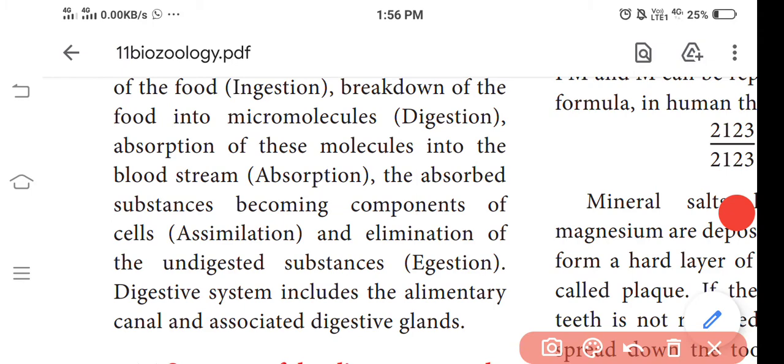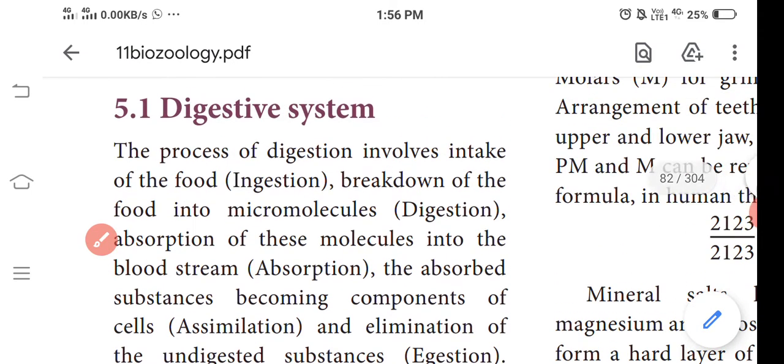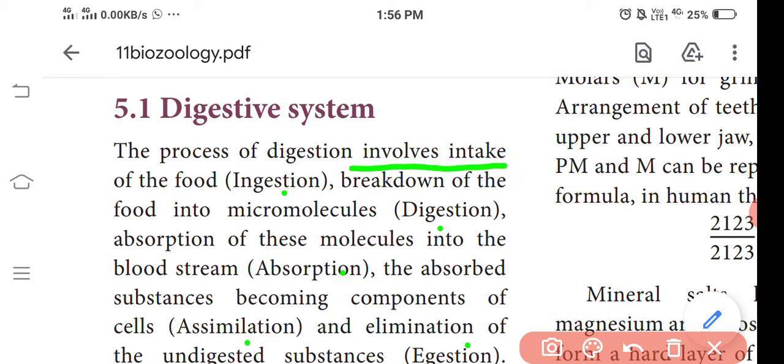You can see here that the process of digestion takes place by the following steps: ingestion, digestion, absorption, assimilation and egestion. Ingestion is the intake of food. Digestion is the breakdown of food, from macromolecule to micromolecule, as we have seen.